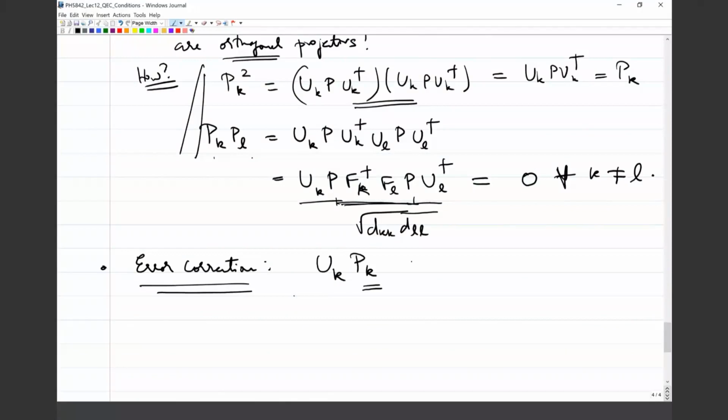So this simply becomes, sorry, you have to apply U_k dagger, right? So this is the reversal of U_k, and this detects the error F_k associated with U_k.